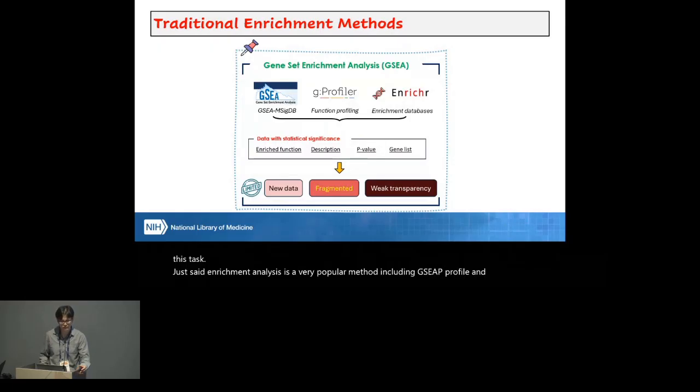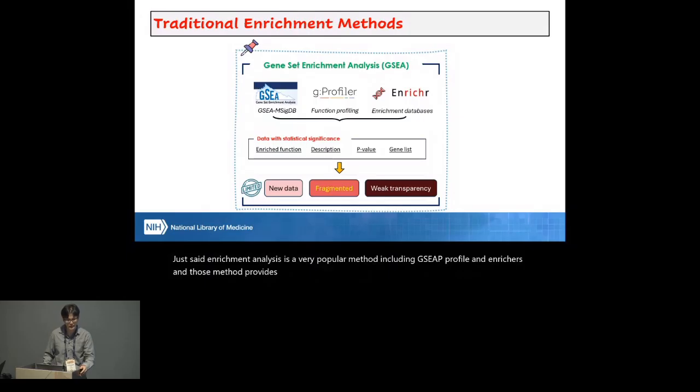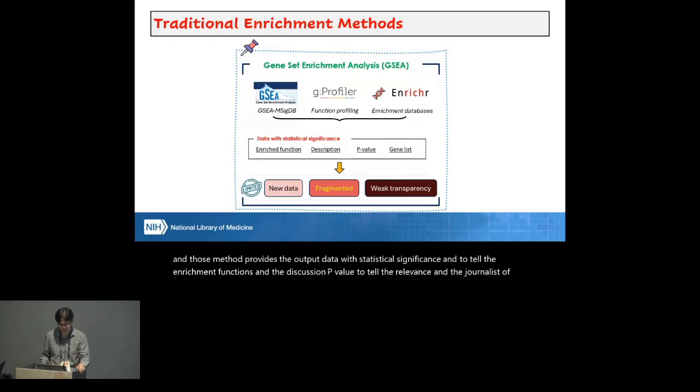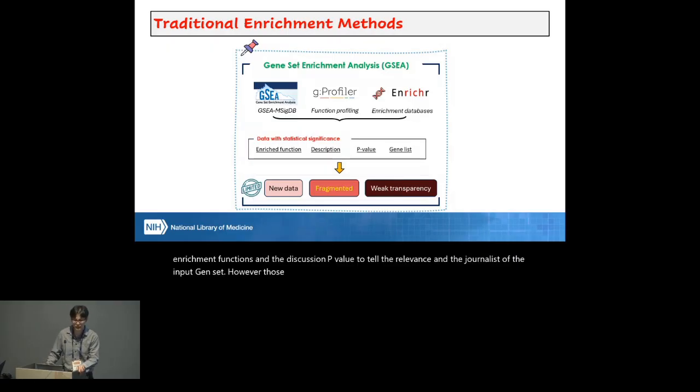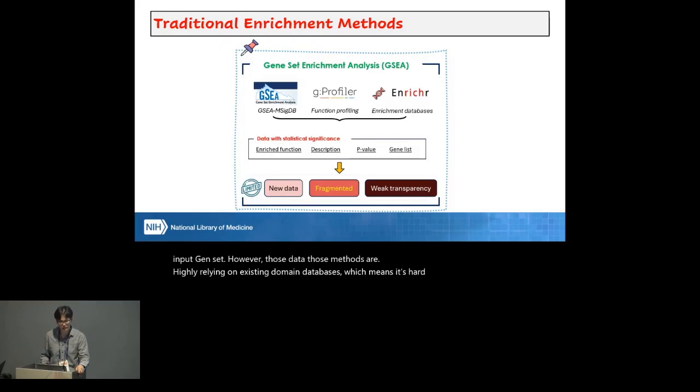Those methods provide output with statistical significance, telling the enriched functions, the description, and the p-value to tell the relevance, and the gene list of the input gene set. However, those methods rely highly on existing domain databases, which means it's hard to discover new things. And also the output results are extremely huge, can be fragmented, and have weak transparency.